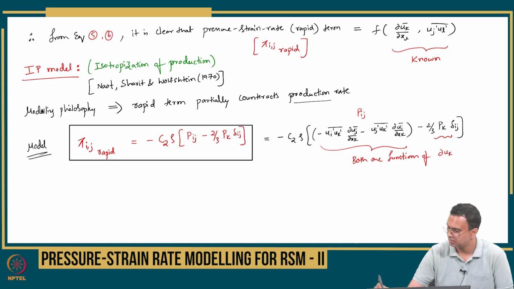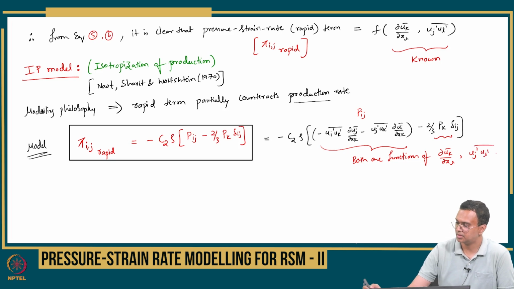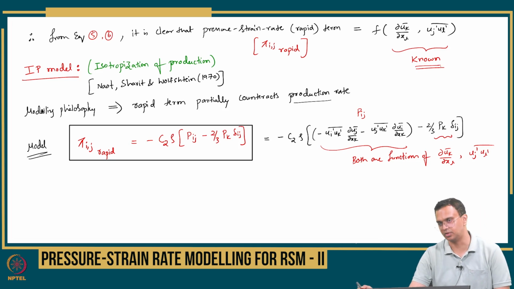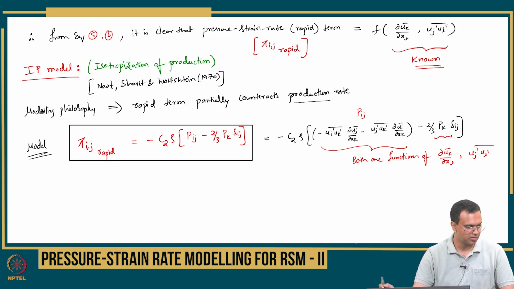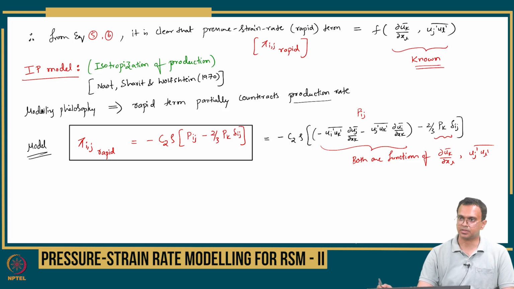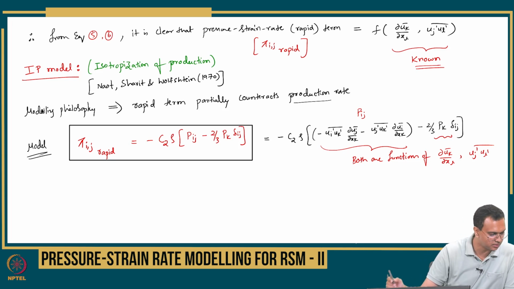So dou uk bar by dou xl comma uj prime ul prime. That is what we have accomplished here. So the rapid term depends on mean strain rate and Reynolds stresses. This IP model is popular. You can use this, and the model constant is C2.